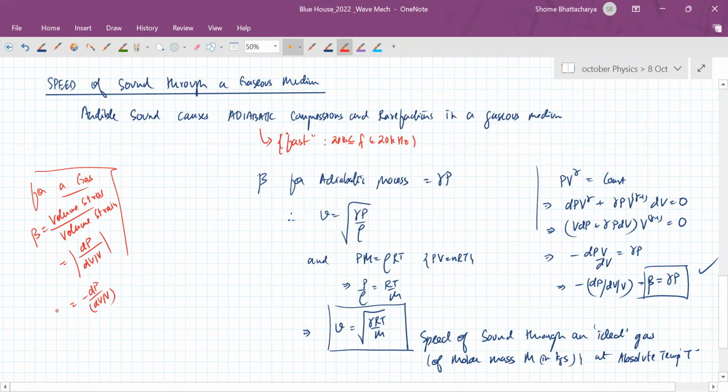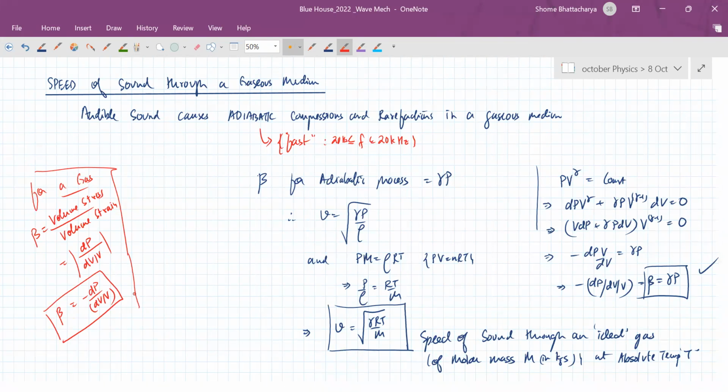This is a concept that we had discussed in properties of matter, and then we had gone on to discuss how to calculate the bulk's modulus in various different situations like adiabatic process or polytropic process or isothermal process. So you can just do a revision of this section from properties of matter later if you like. Just make a note of it over here.